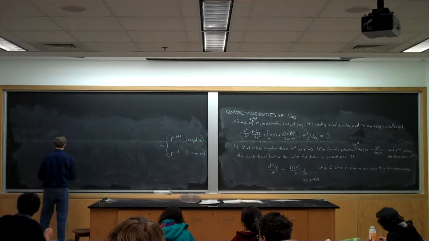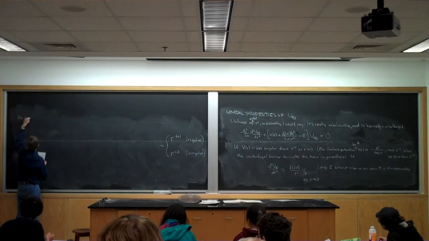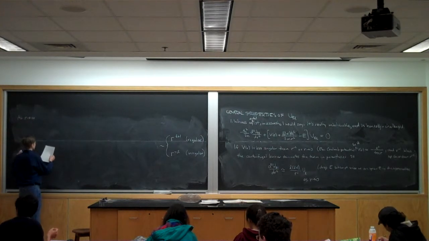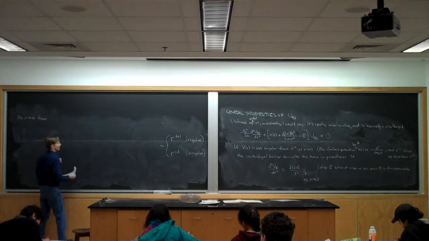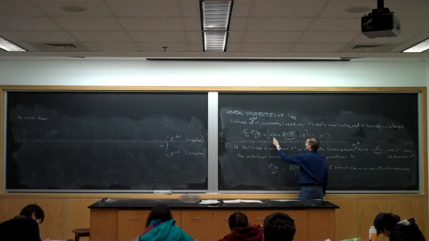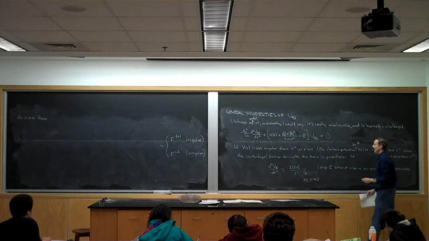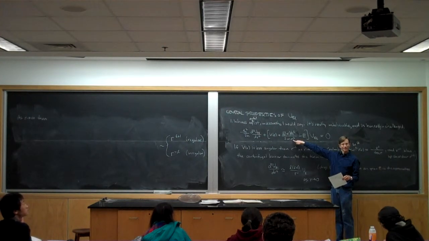But anyway, now let's look at the other limit. As R goes to infinity, then, well, assuming that V is going to 0 and what's this thing doing as R goes to infinity? Going to 0, right.